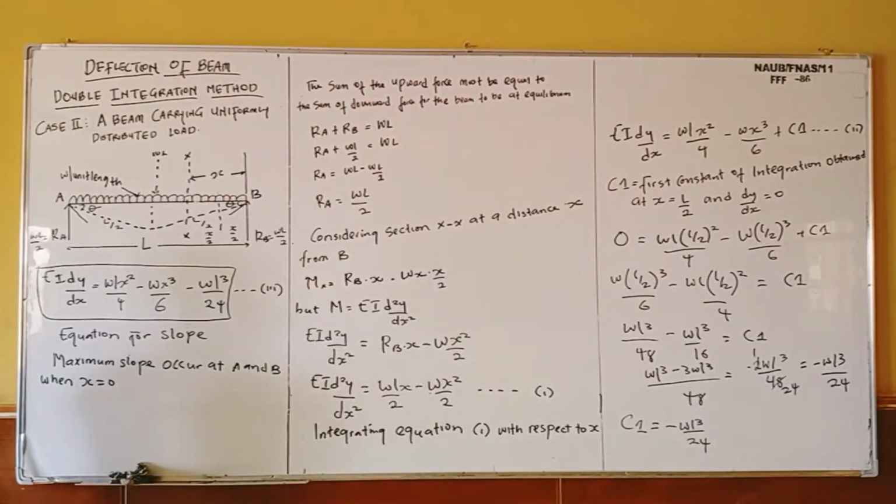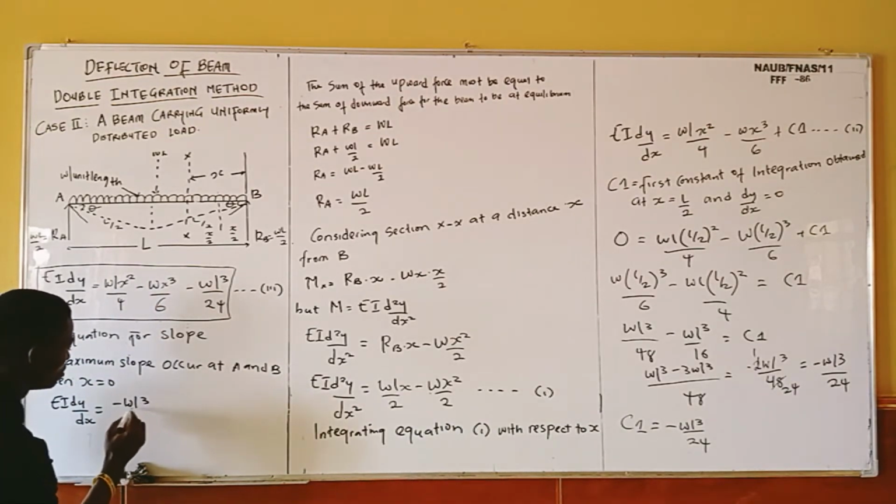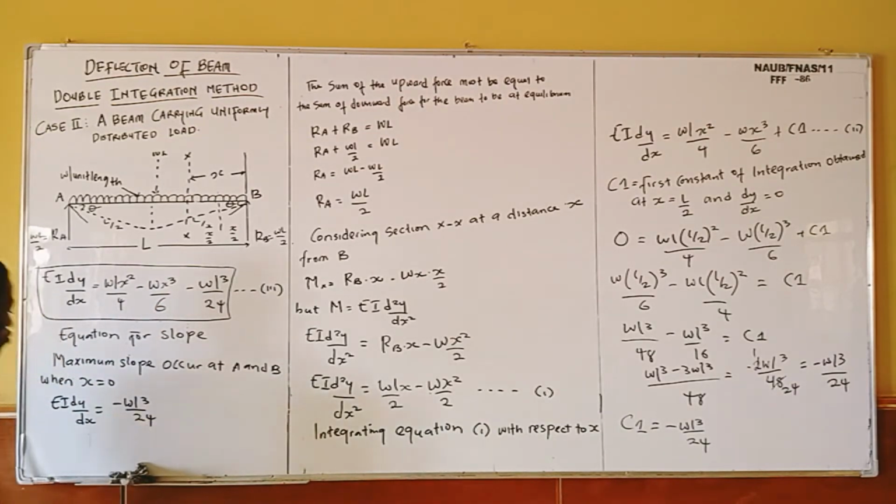So maximum slope occurs at A and B when X equals 0. So our equation now remains EI dy dx equals, when X equals 0, automatically this one is equal to 0 and this one is equal to 0. Then we are left with negative WL cubed over 24.